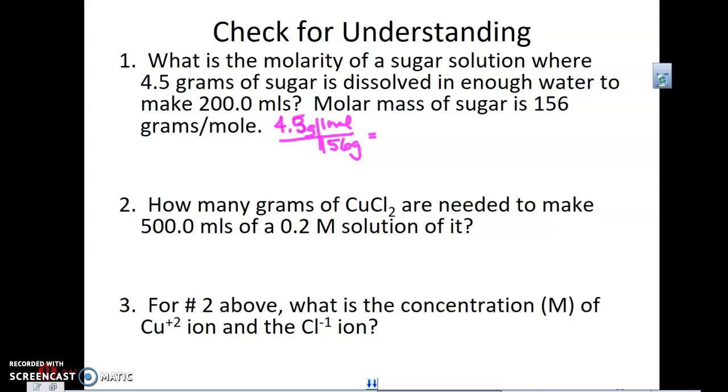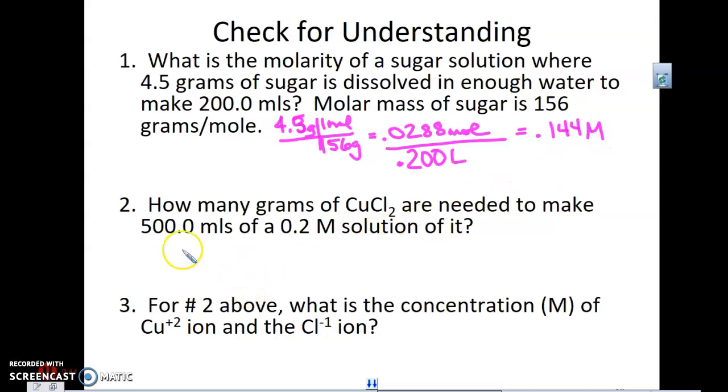So 0.0288 moles. And then we're going to divide that into enough water to make 200 mils of solution, or 0.200 liters. So just make sure that you divide by 1,000 to get liters, and then we're going to have 0.144 molar.